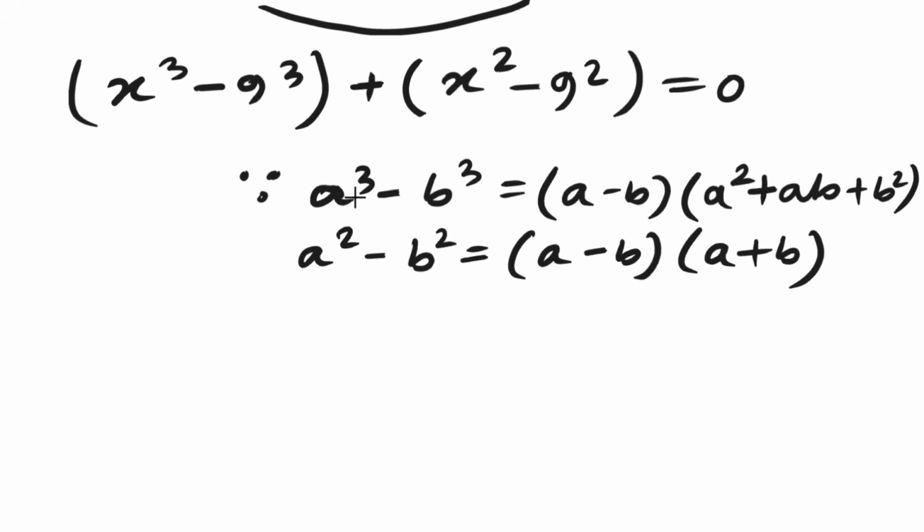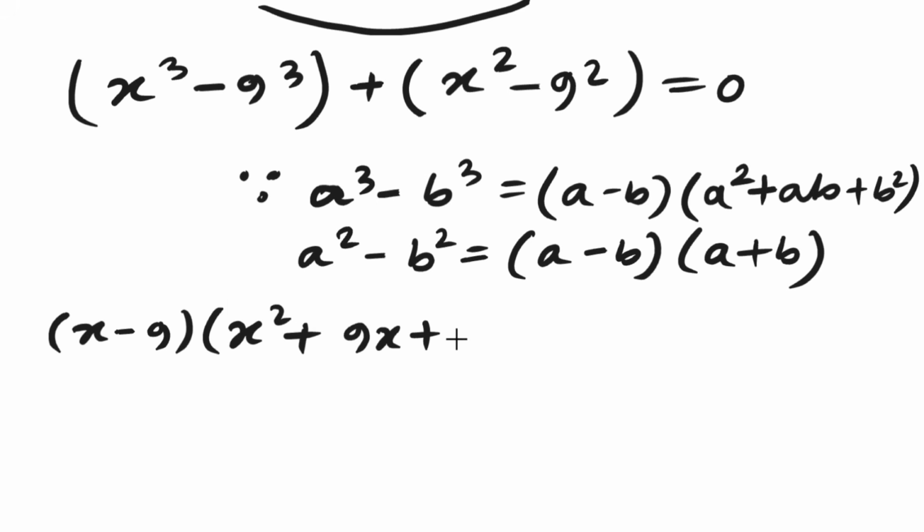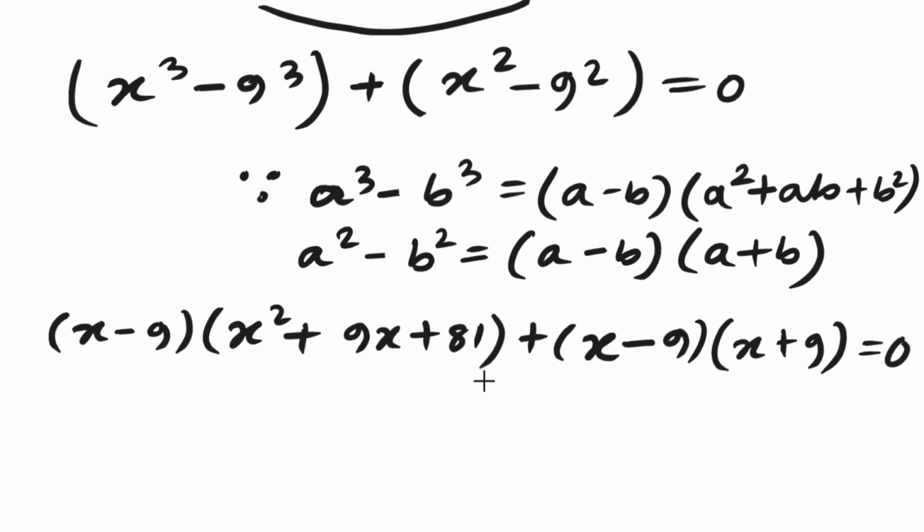Applying the first identity, x cubed minus 9 cubed becomes the quantity x minus 9 multiplied by the quantity x squared plus 9x plus 81. Applying the second identity, x squared minus 9 squared becomes the quantity x minus 9 multiplied by the quantity x plus 9. Notice something important here.